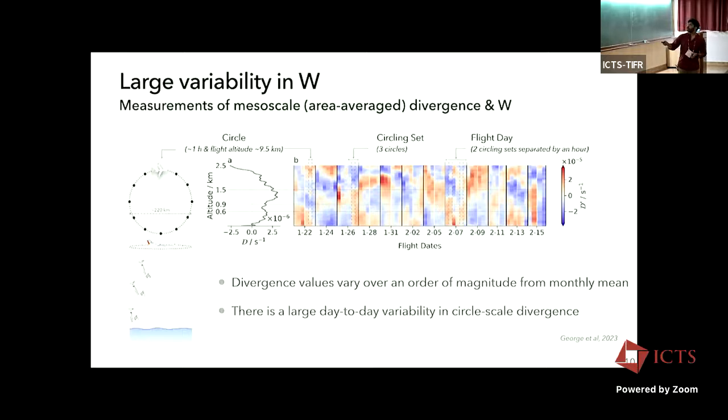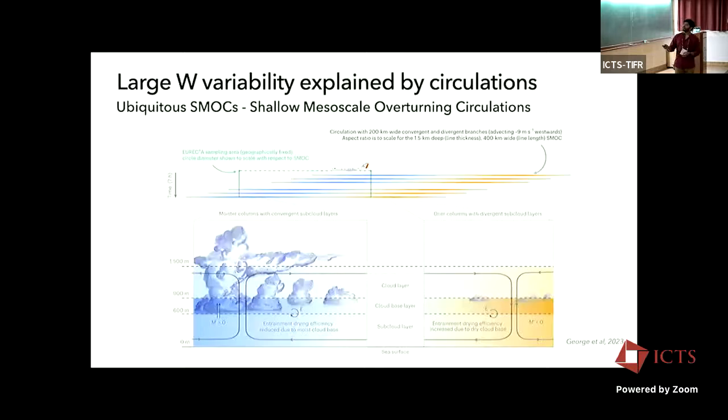And it's also not always subsidence, even if it's the classic trade winds scenario that we keep thinking of. So you find that there are days where you have strong convergence. These are all ascending motions. What we found is that with different days, you have different divergence signatures in the subcloud layer, the bottom 700 meters, and in the cloud layer, which is 700 to 1500 meters.